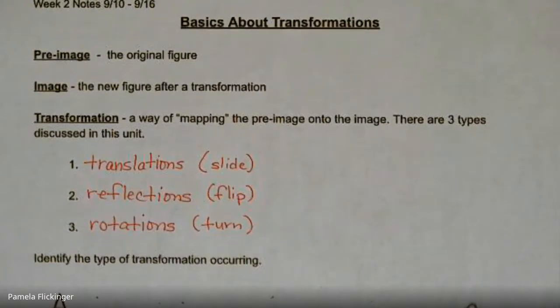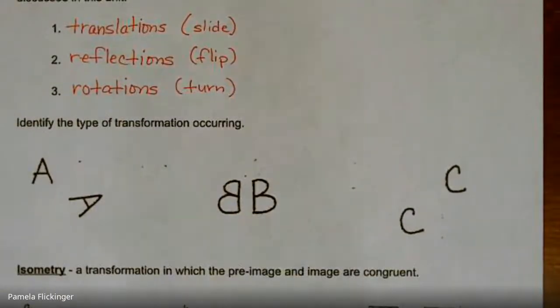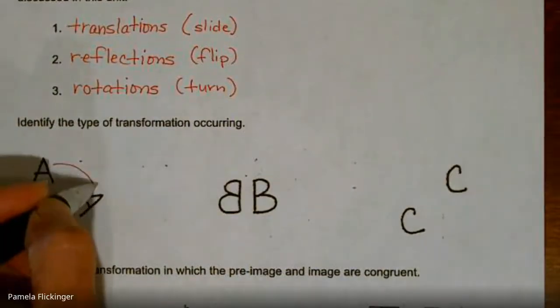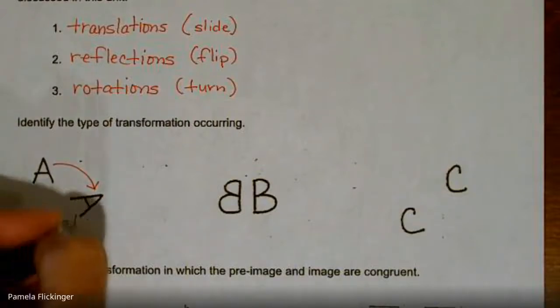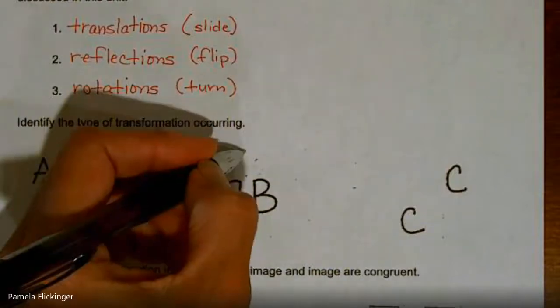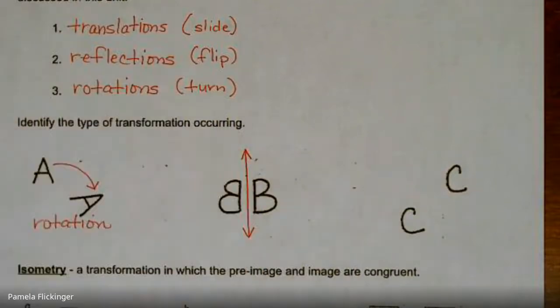So in these next 3 pictures, when you just look from one letter to the next, hopefully you can tell that this letter A was turned, right? So this would be a rotation. The letter B is definitely flipped, and it was flipped over a line just like that.